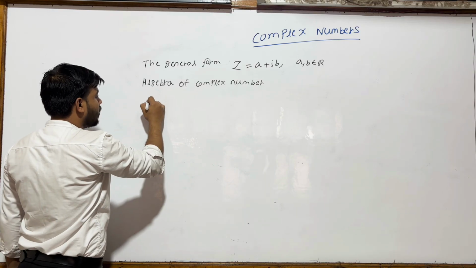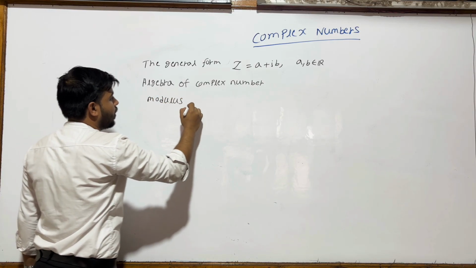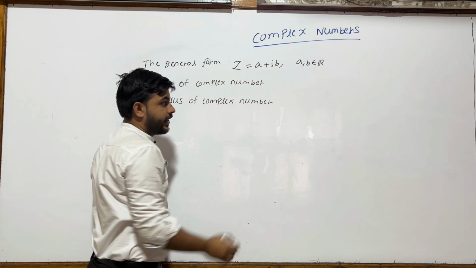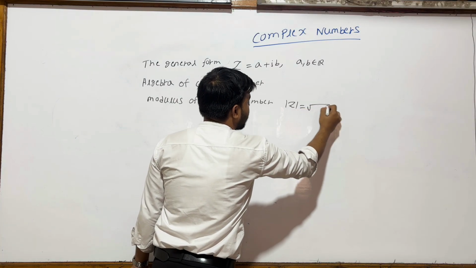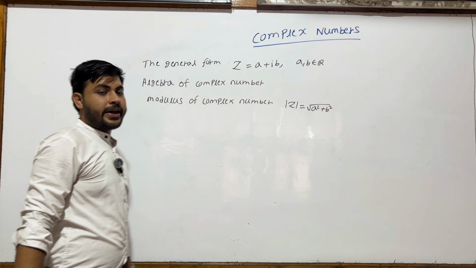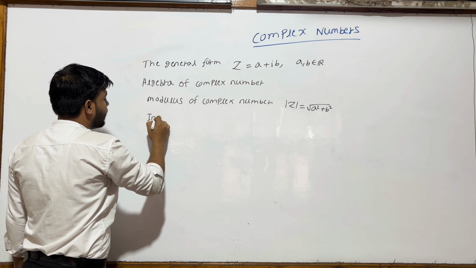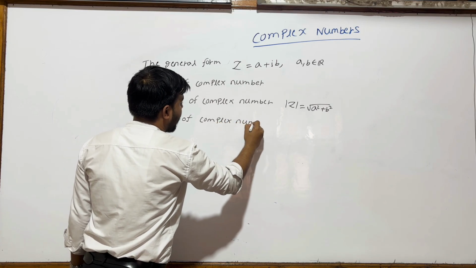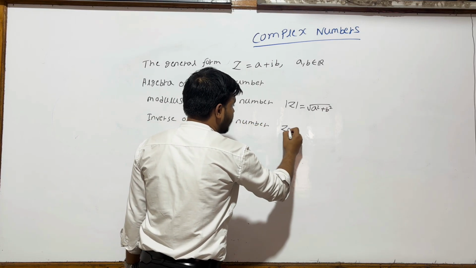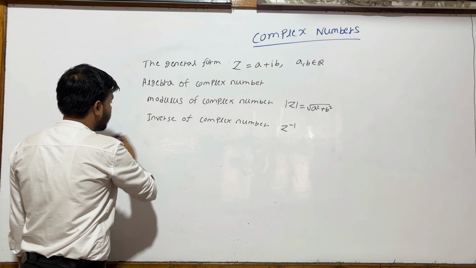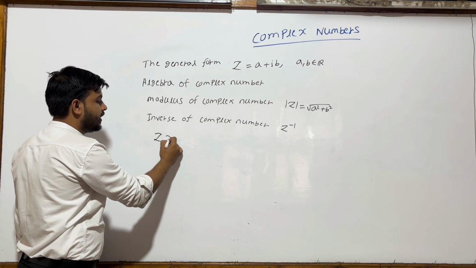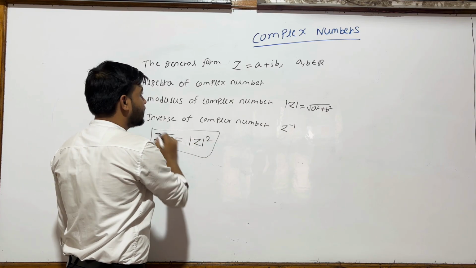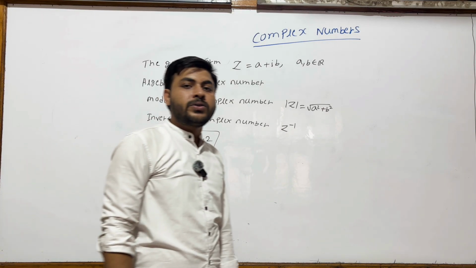Next, modulus of a complex number, that is mod z equal to root under a square plus b square. Next, inverse of a complex number. What is the inverse? z inverse. Next, one relation we studied: z into z bar is equal to mod z whole square. This is a very important relation. So do you have any doubts?